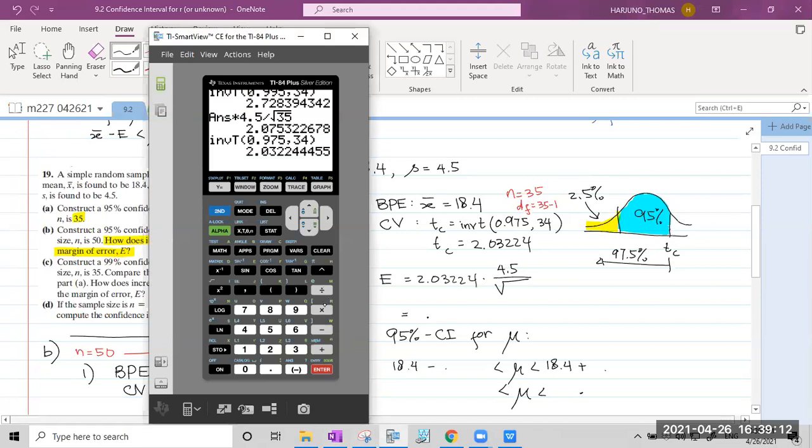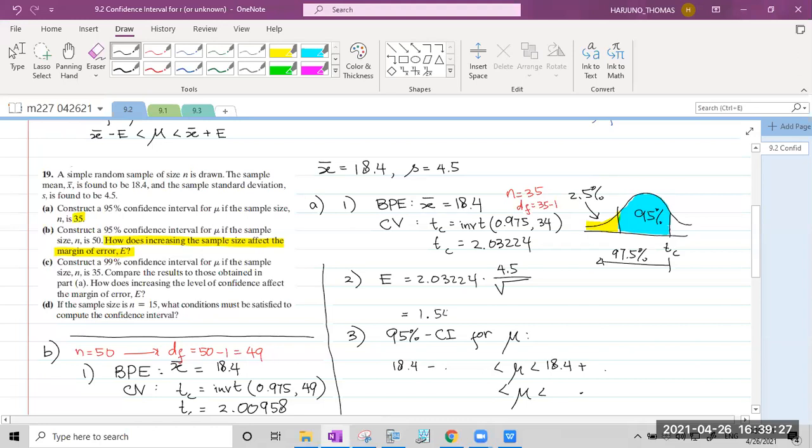Now multiply that by the sample standard deviation divided by the square root of sample size 35. That gives 1.54580.